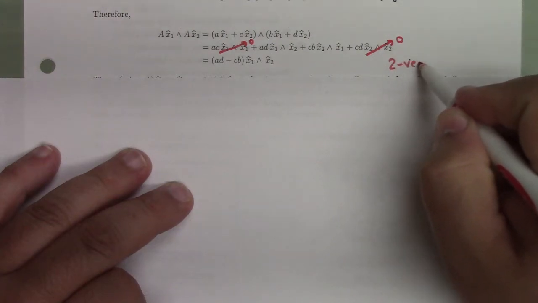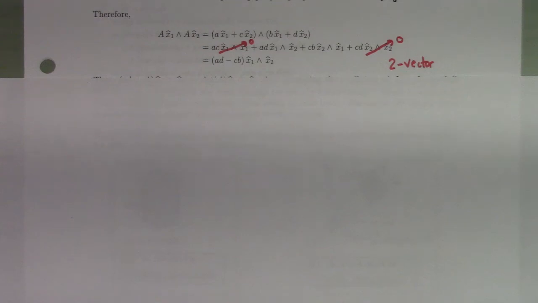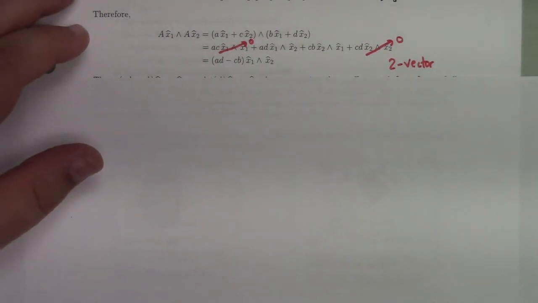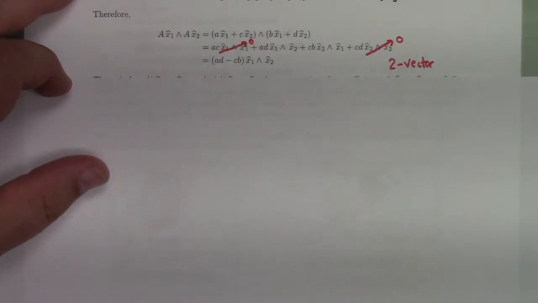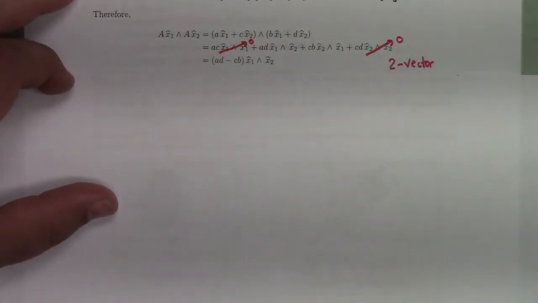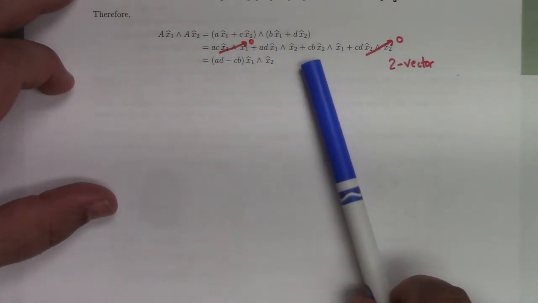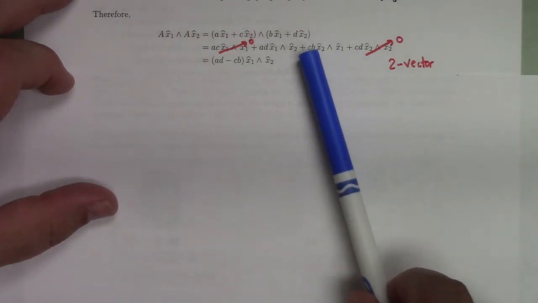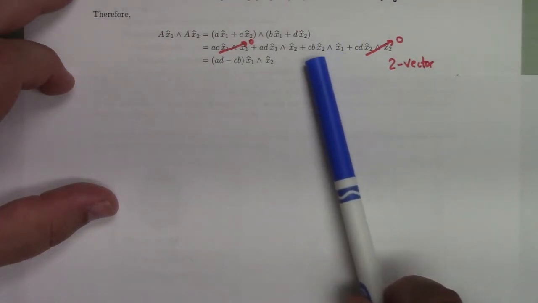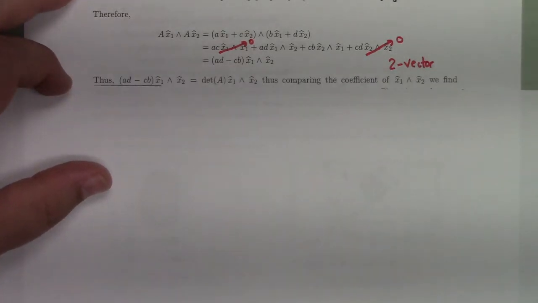We could also talk about multivectors, or differential forms, but let me stop peppering you with more terminology and stick to the formal presentation here. Anyway, the point is, this gives me ad minus cb, because when we flip the order of these we get a minus. That is exactly the determinant of the 2 by 2 matrix.